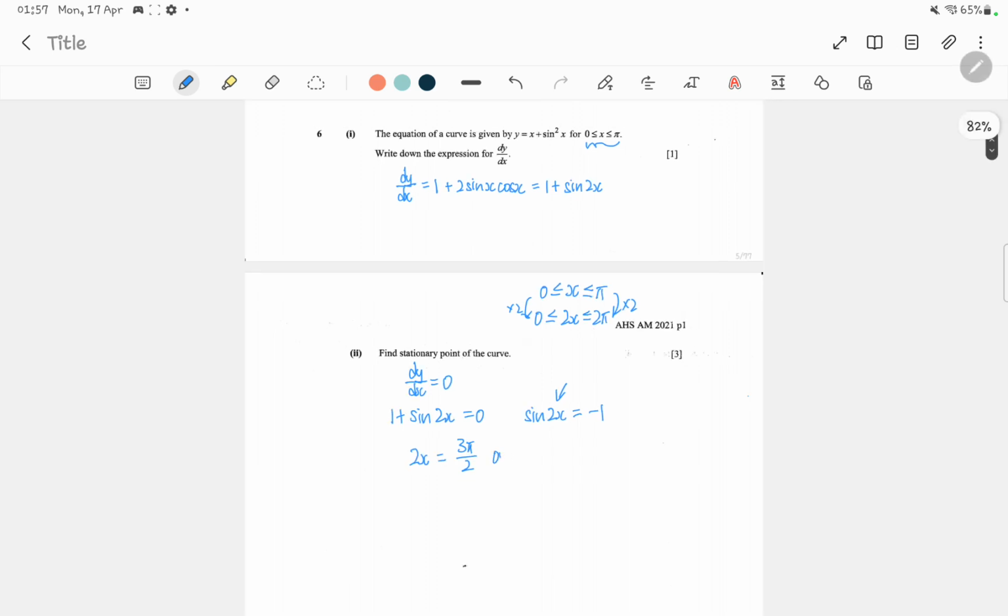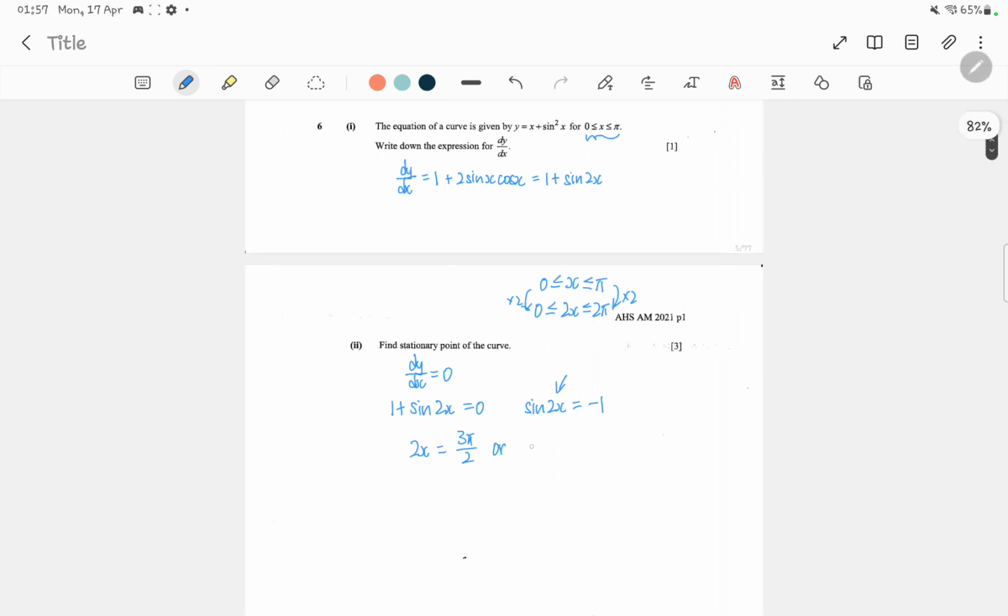And we also know that we can add 2 pi radians to the 3 pi over 2 radians. So sine of 2 pi plus 3 pi over 2 radians is also equals to minus 1. Okay, but this is rejected over here, since we are looking for 2x more than or equals to 0 radians and less than or equals to 2 pi radians. So this is the only answer that we will be looking at.